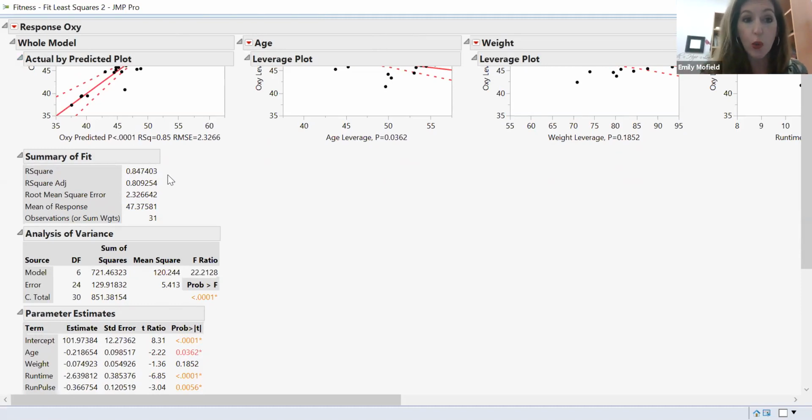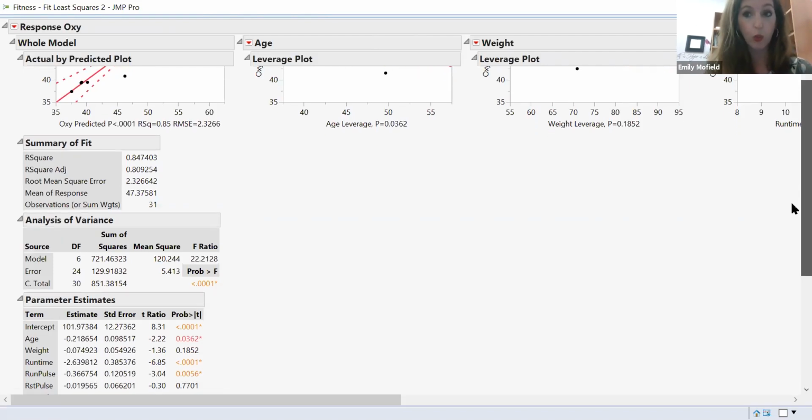So this is showing 85% of the variance in oxygen is accounted for by all these predictor variables. So what do I report? F(6,24) = 22.21, p < 0.001. So it is a statistically significant model.